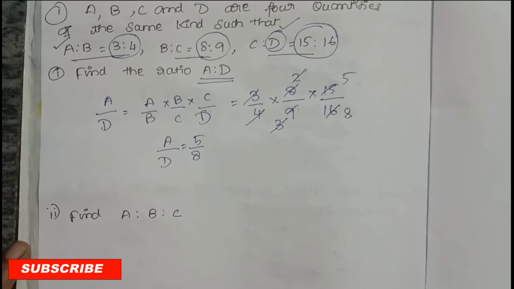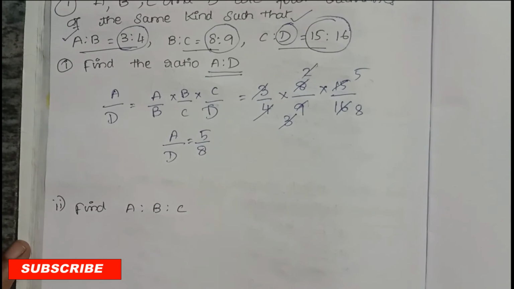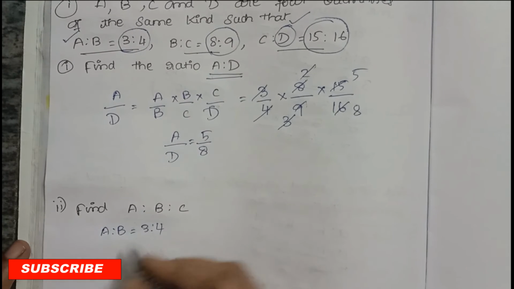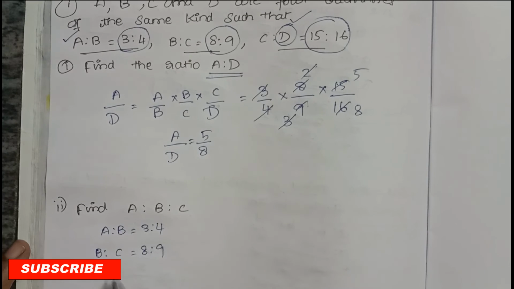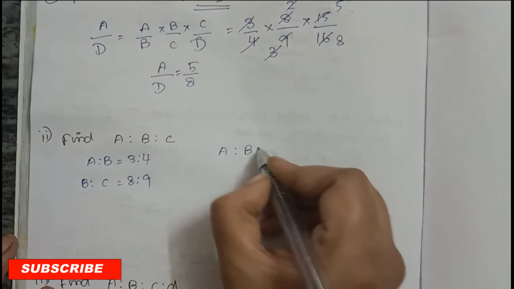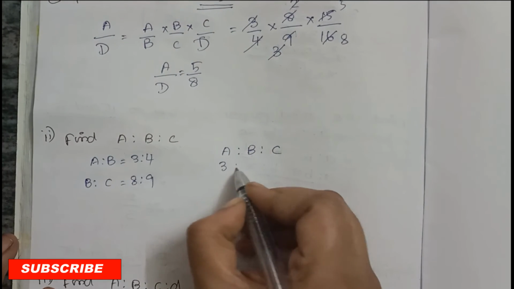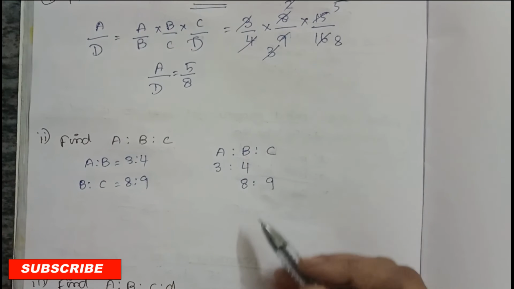Second question is find A is to B is to C. Here what is given is A is to B is 3 is to 4. In the question B is to C is 8 is to 9. So we have to find A is to B is to C. So put A is to B, 3 is to 4, B is to C is 8 is to 9.